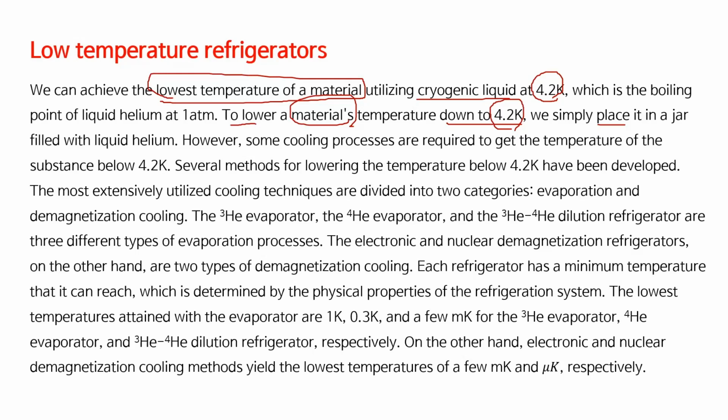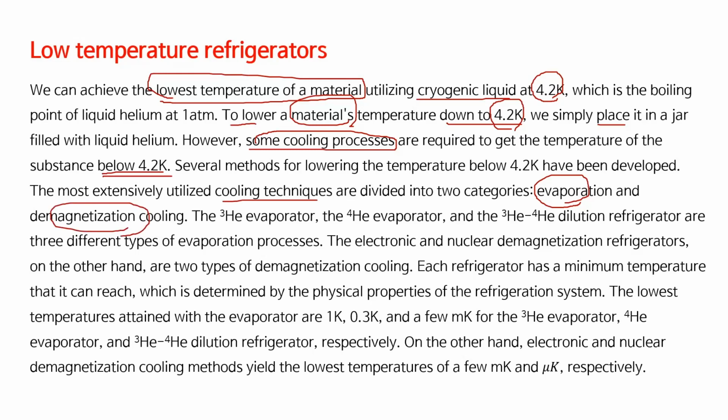However, some cooling processes are required to get the temperature of the substance below 4.2 Kelvin. Several methods for lowering the temperature below 4.2 Kelvin have been developed. The most extensively utilized cooling techniques are divided into two categories: evaporation and demagnetization cooling.